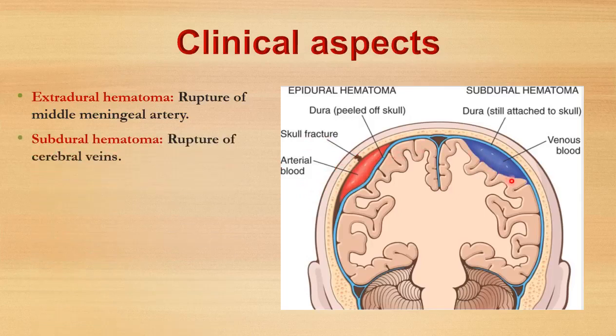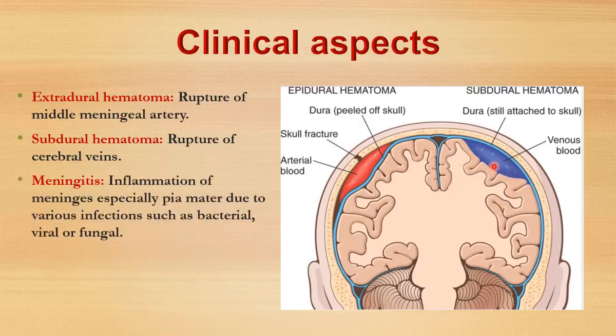Whereas for subdural hematoma, a fracture of the skull need not occur. Internal rupture of the vessels might take place, some injury to the brain, and a subdural hematoma is due to rupture of the cerebral veins, because veins are more deeply situated than the arteries.